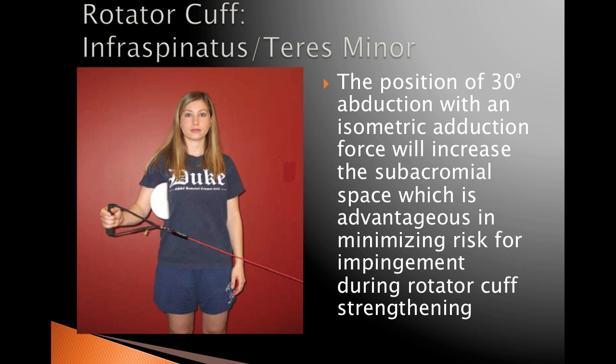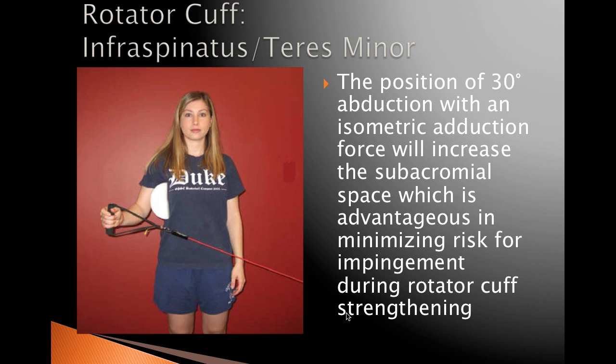I think we talked about before that it prevents the wringing out of the supraspinatus tendon because it's not being pulled right over the head of the humerus. It's also been shown that there's enhanced blood flow in slight abduction versus the arm at the side, and the isometric adduction contraction of holding that towel in with your elbow produces a significant increase in the subacromial space. That's what this picture is showing here.